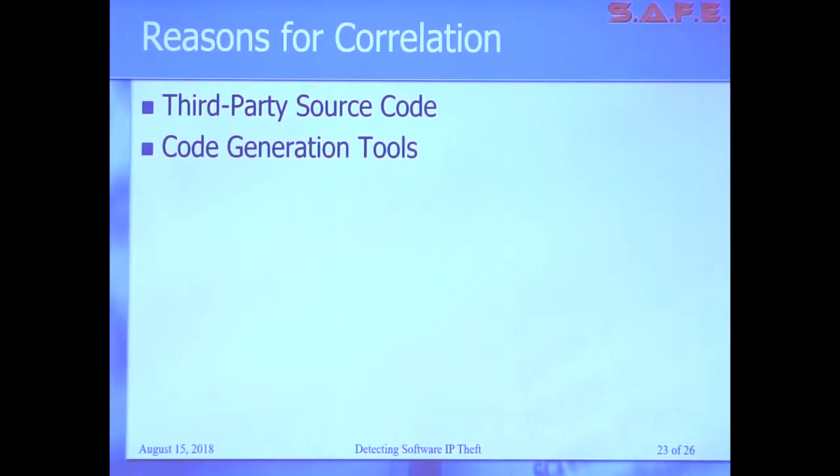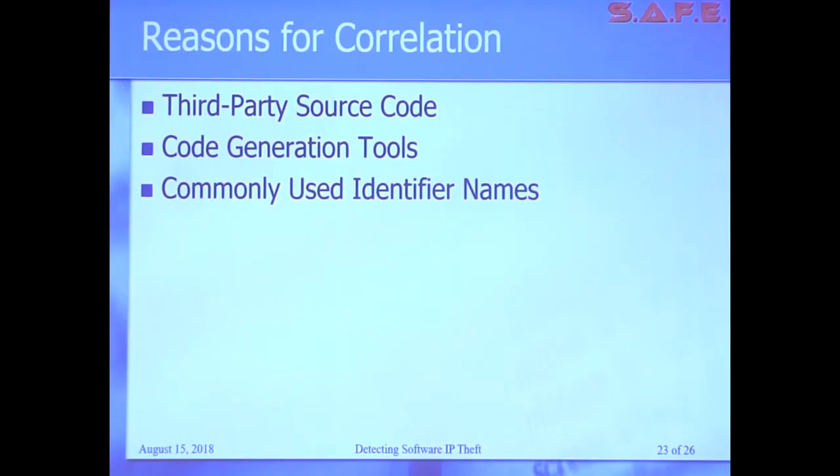Code generation tools. You've got automatic code generation tools. The code's going to look correlated, but not because it was copied. Commonly used identifier names. You're going to have index, count. If the software is intended for a certain use, like the medical field, you'll have medical terms. And the fact that two programs use the same medical terms is not a sign of copying.